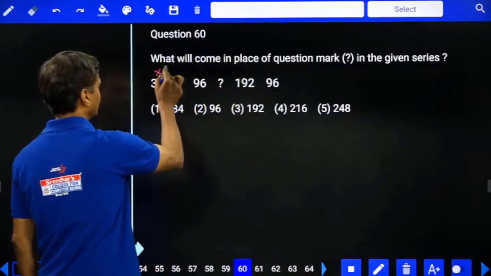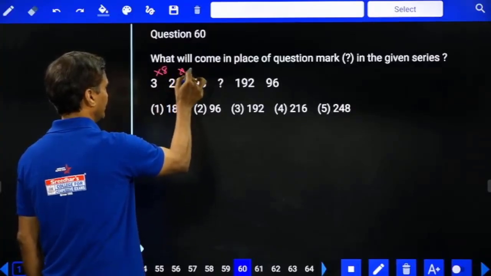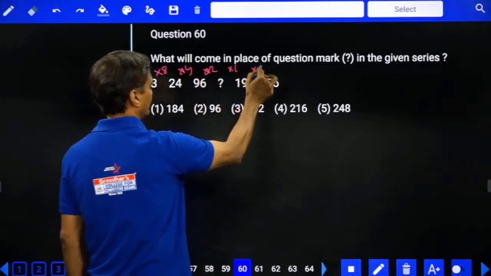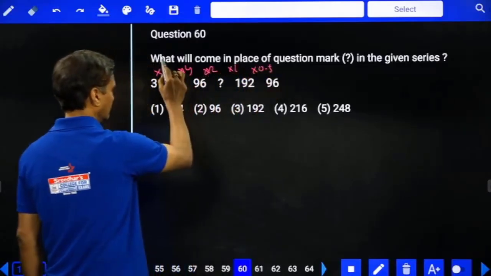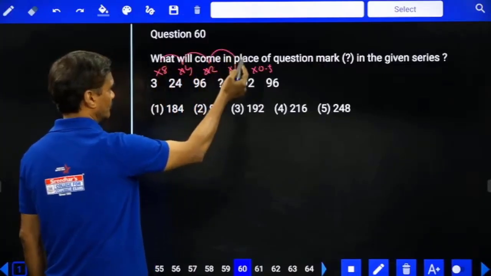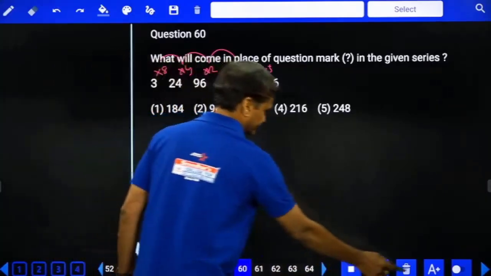Now 3 into 8 is 24. And 24 into 4, 8 into 4, 4 into 2, 2 into 1, 1 into 0.5. Clear? 8 divided by 2 is 4, 4 divided by 2 is 2, 2 divided by 2, 1. 96 into 2, 192, that is choice 3, question number 60.